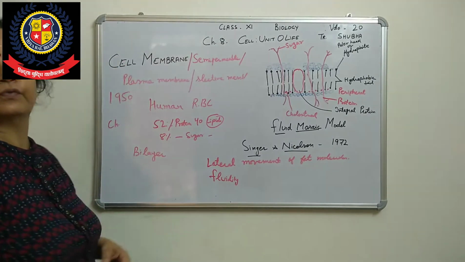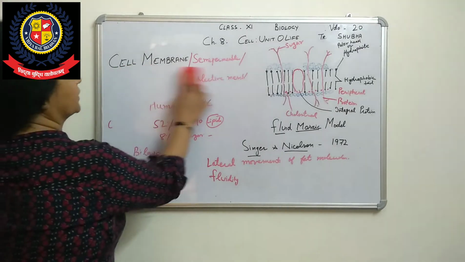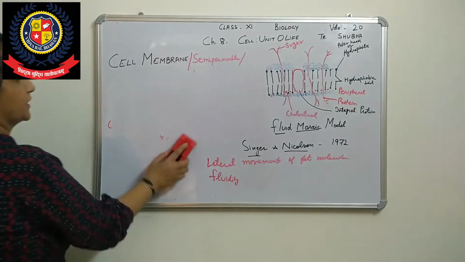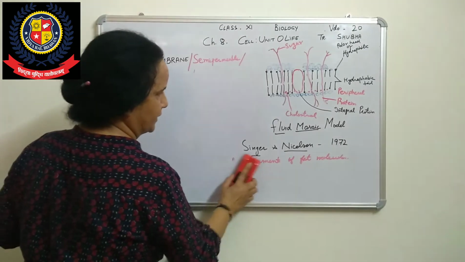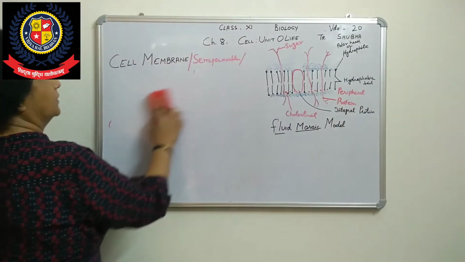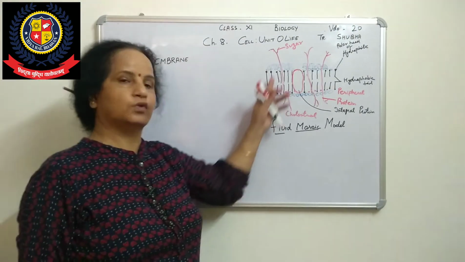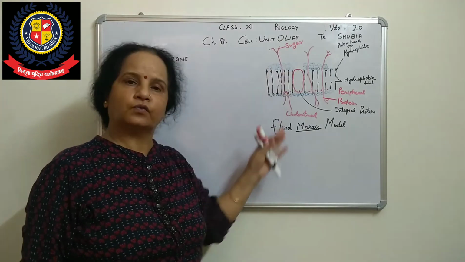So now we will talk about the function. The main function, as we are saying, is that it is a selective, semi-permeable membrane. The function is transport of molecules from outside to inside or from inside to outside.